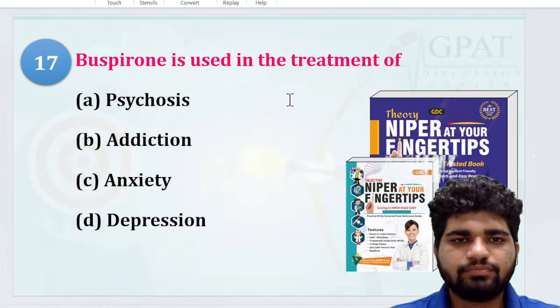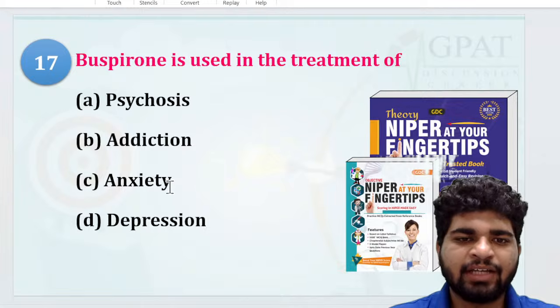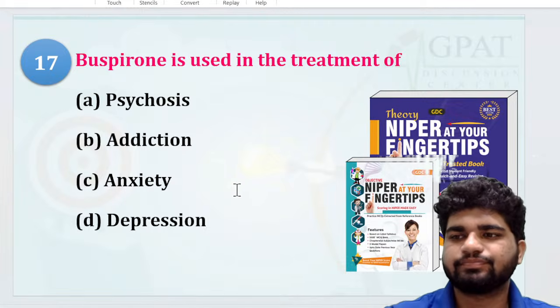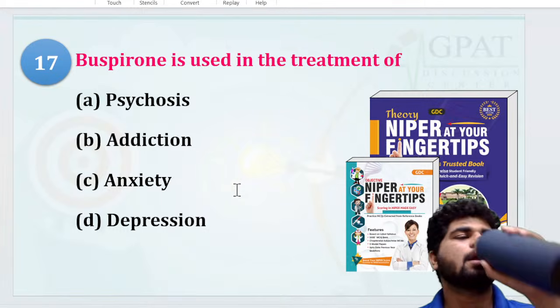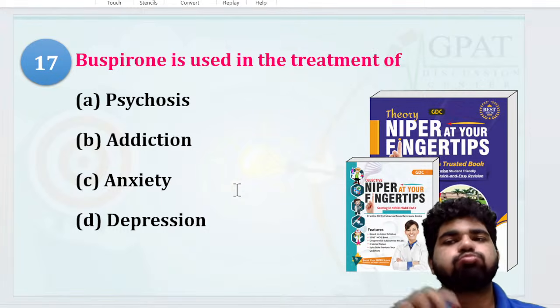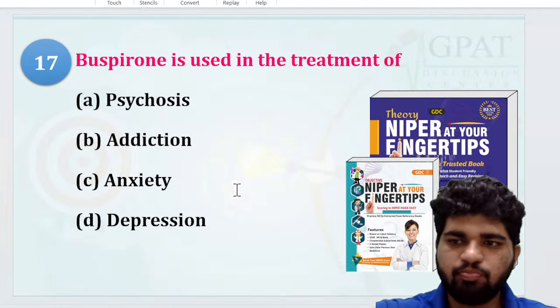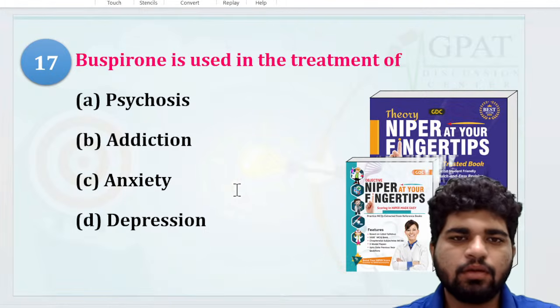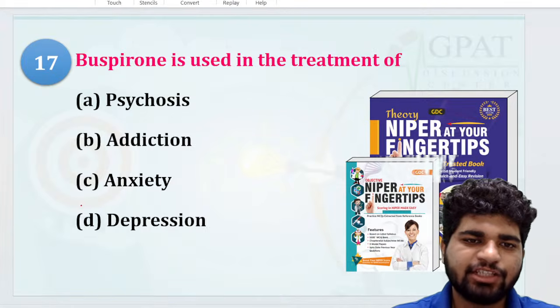Now this one, buspirone is used in the treatment of psychosis, addiction, anxiety, or depression. What's that, guys? Buspirone is used in the treatment of anxiety.